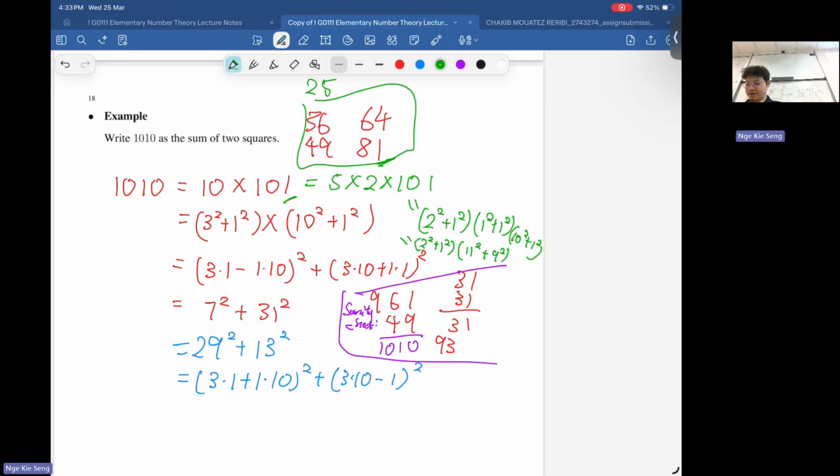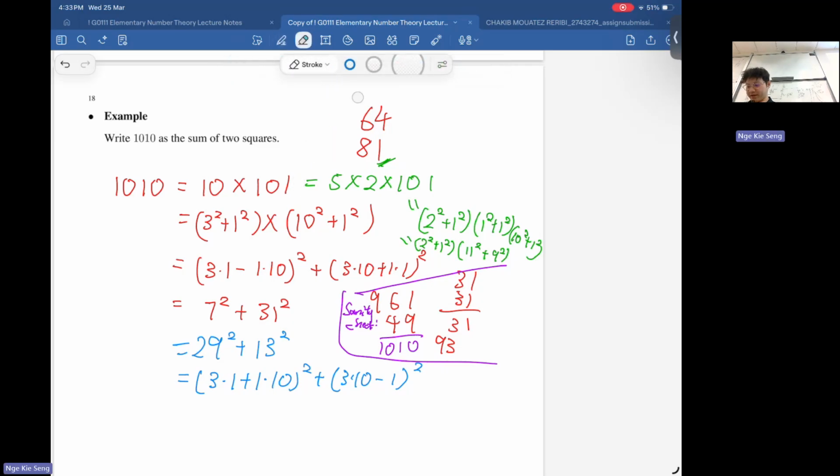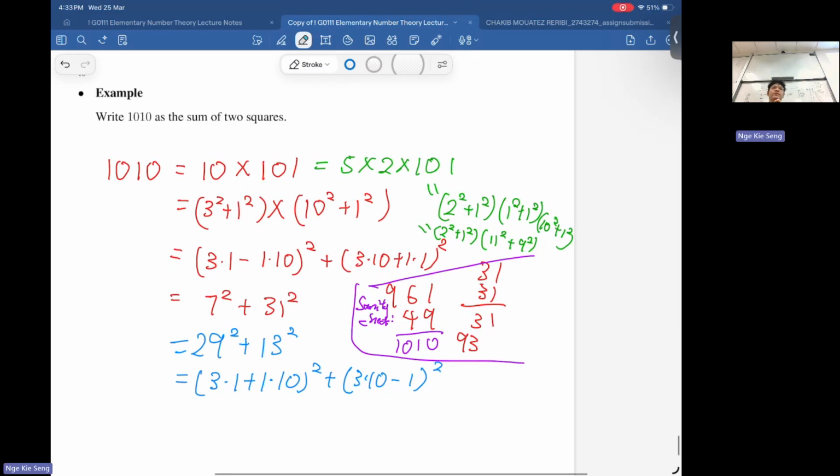I don't think so either, because if you take one here, this is not enough. Okay, so far okay or not? Sum of two squares. So you can split into factors and then try to figure out whether the factors are a sum of two squares or not, and then you combine them together.